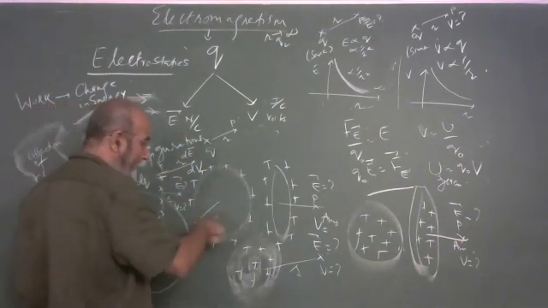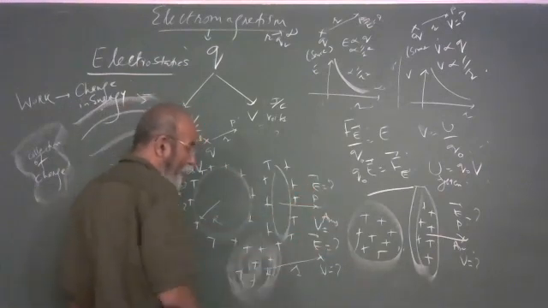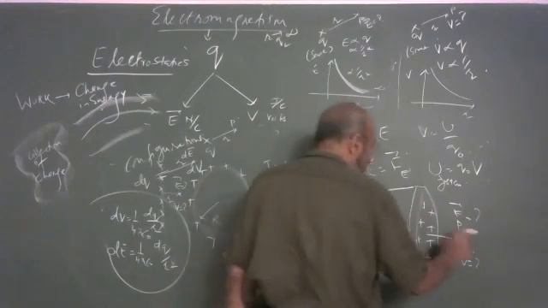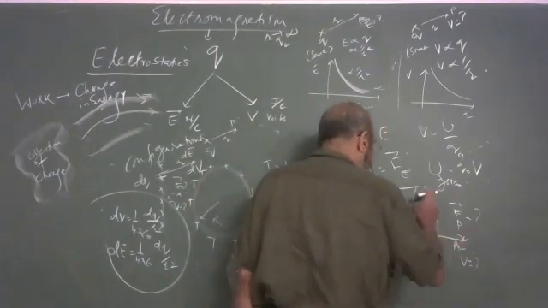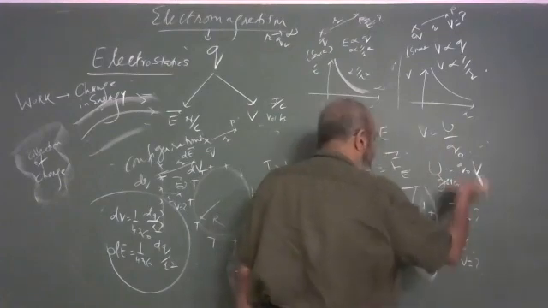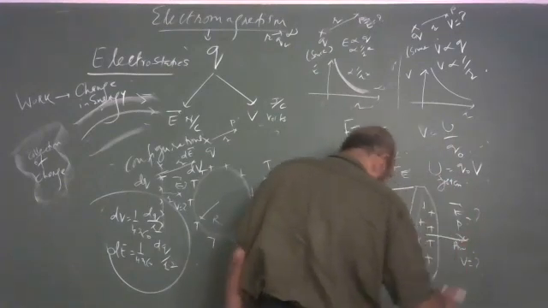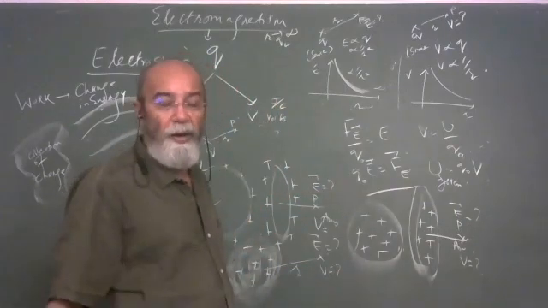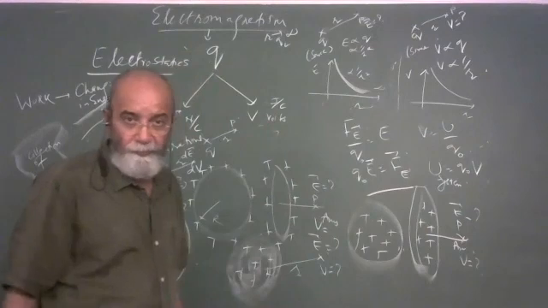dq, dq, dq, giving dE and dV for each. Then summation, integral of dq, integral of dE, integral of dV, giving V and E. Calculus.